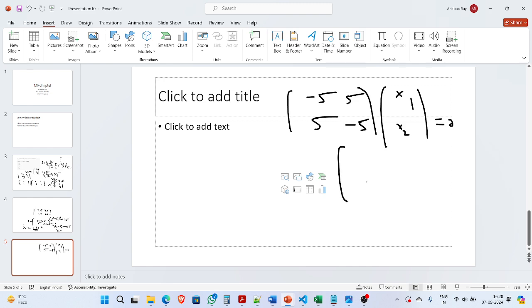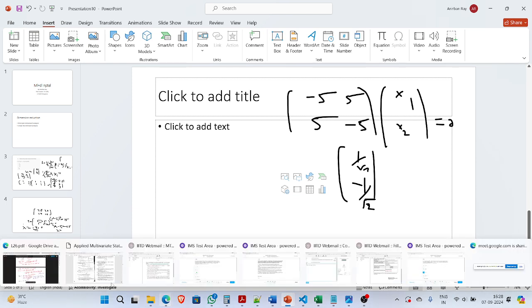What you get here is that one is 1, another is minus 1. Normalizing it gives this. So we've got our eigenvalue and eigenvectors.